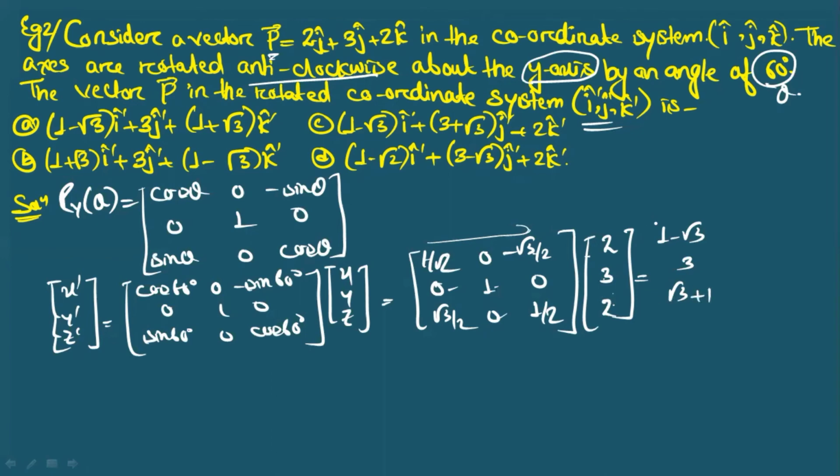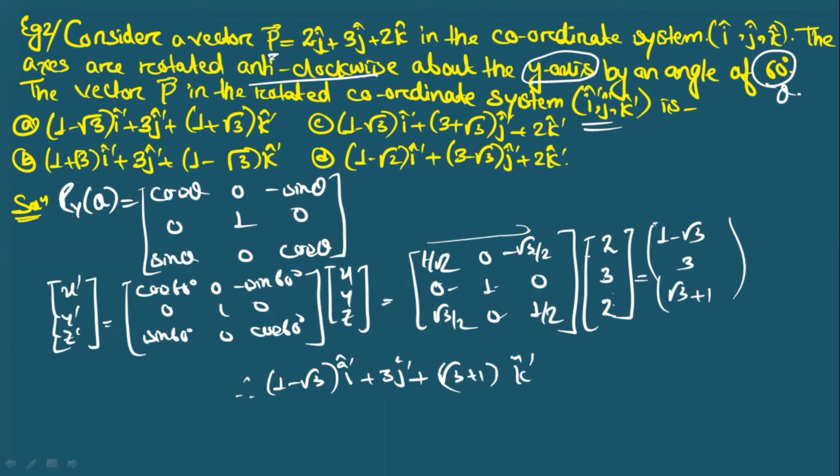So it is root 3 plus 1. Right? This is what you will get. So finally, you can write it as 1 minus root 3 i cap prime plus 3 j cap prime plus root 3 plus 1 k cap prime. You just see, this is 1 plus root 3, this is 1 minus root 3, this is 3, and all the signs are positive. So the correct option is option A.